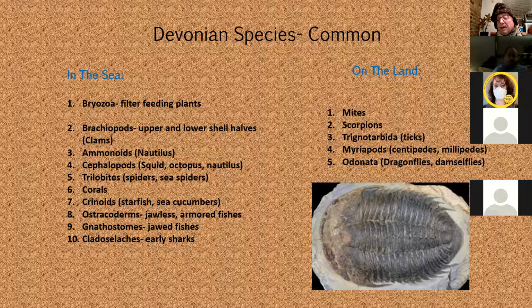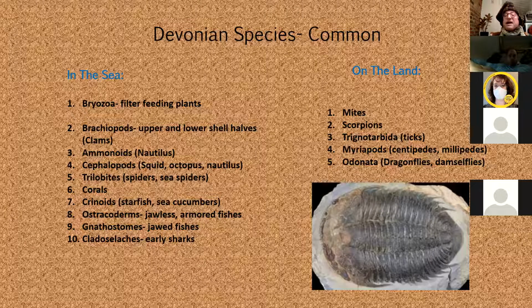And then on land, once we started getting some swampy land moving into the Devonian period, there were mites, scorpions, trigonotarbids, which basically to you and me is ticks, myriapods, which are centipedes and millipedes, and then odonatas are dragonflies and damselflies.